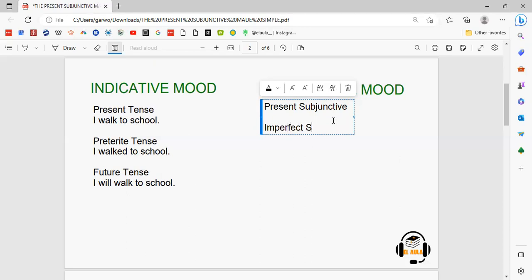So I'll just put this here, just so we know that there are other forms, but we're focusing on the present subjunctive today. All right.